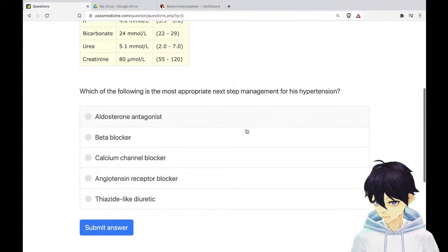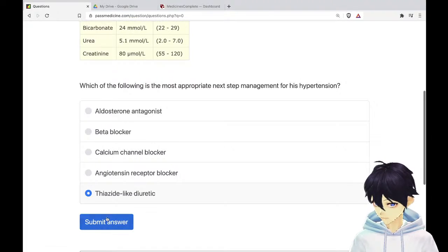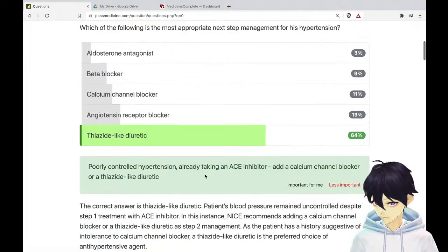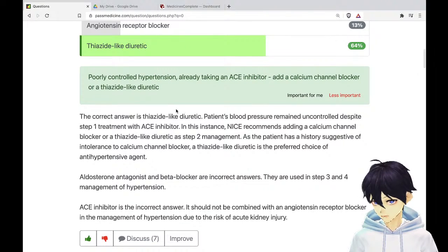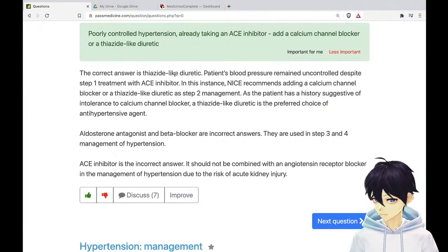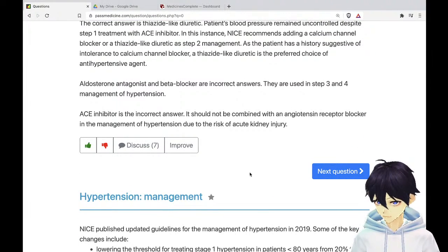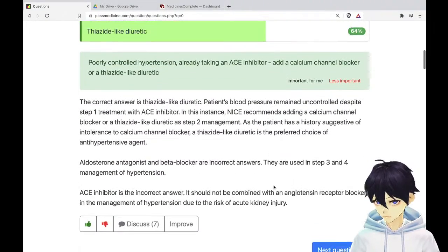None that I notice. Let's try thiazide. Yes, thiazide-like diuretic is the correct answer. Poorly controlled hypertension, already taking ACE inhibitor, add a calcium channel blocker or a thiazide-like diuretic. Nothing much to explain here.